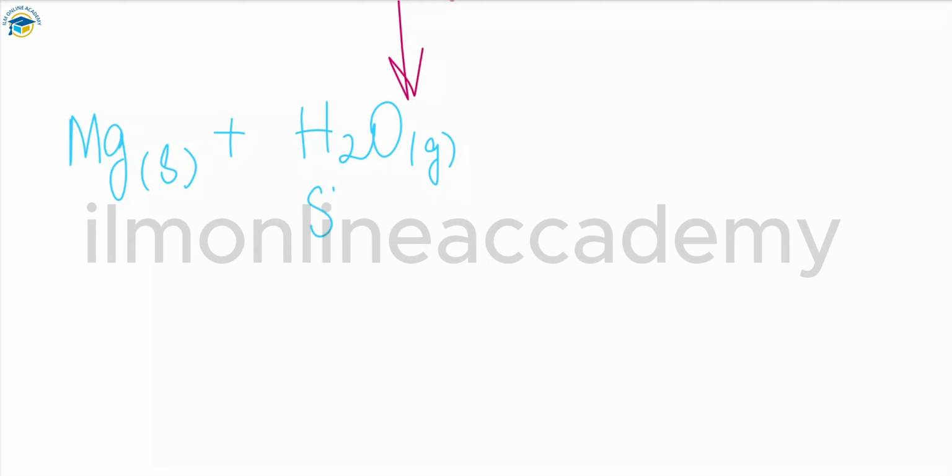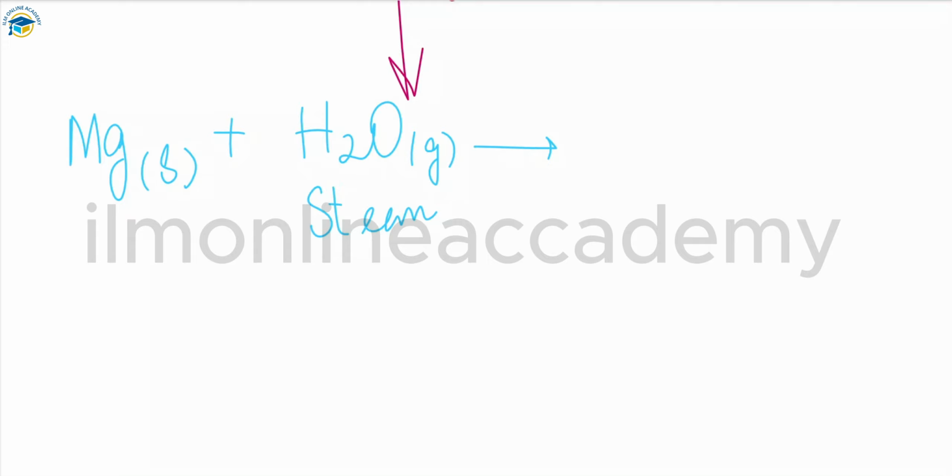So when magnesium, which is in group 2, reacts with steam, we have magnesium in the solid state, plus steam, H2O. In the previous reaction we took water in the liquid state, but now here it is steam, so you can use the gaseous state.